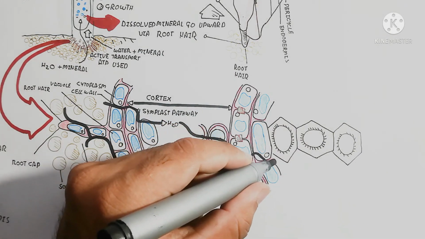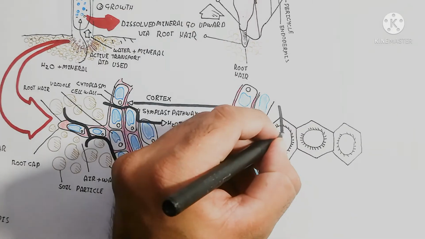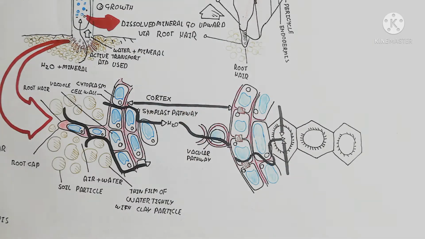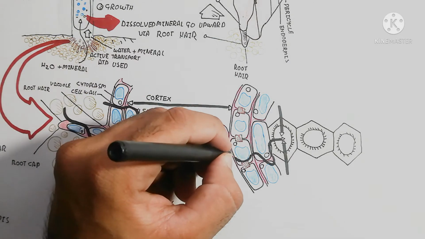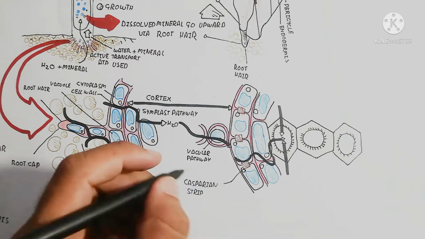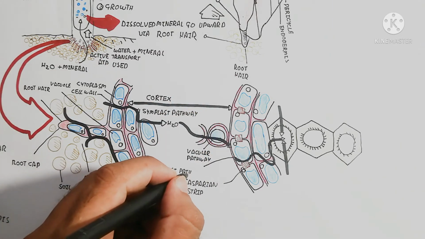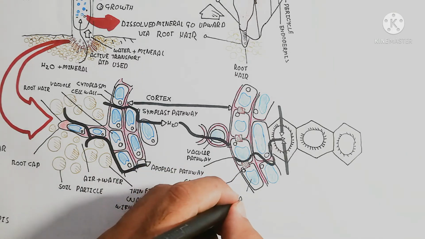Here is the movement through the vacuolar pathway, and here is the endodermis, which contains a Casparian strip. Remember that. The Casparian strip is a suberin lining deposition that gives strength and a waxy structure, which inhibits water movement.